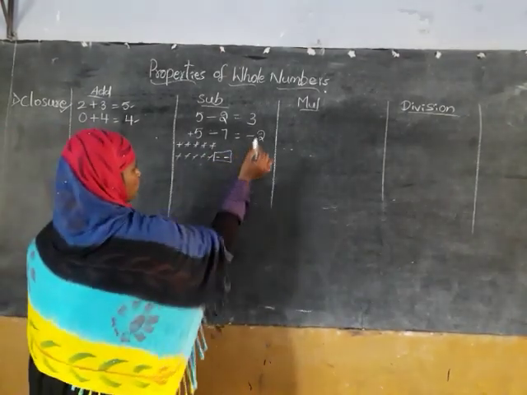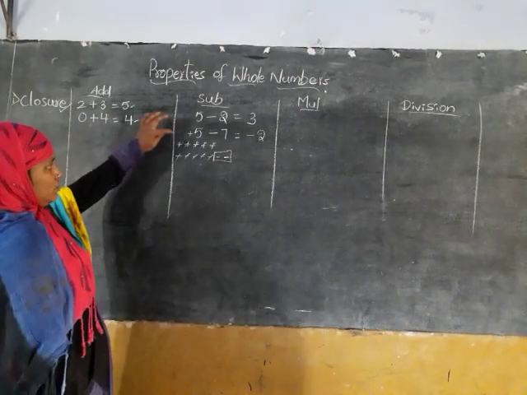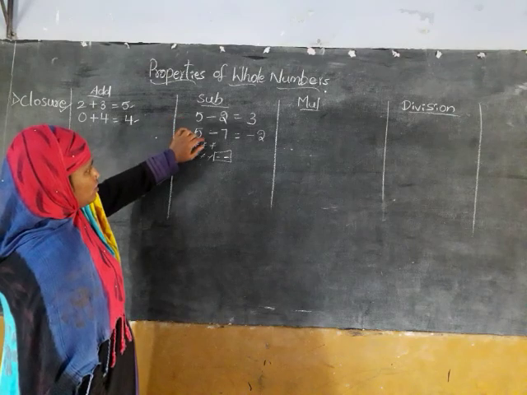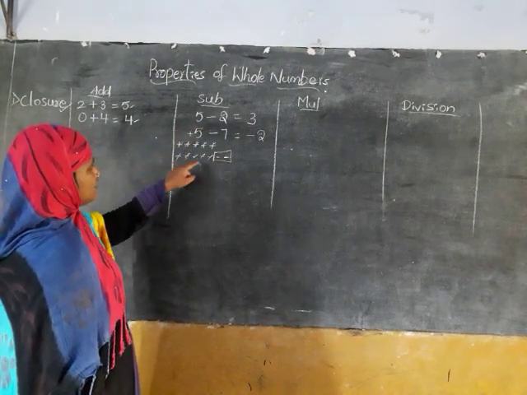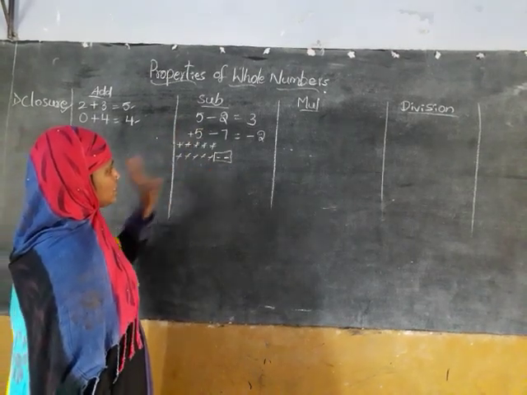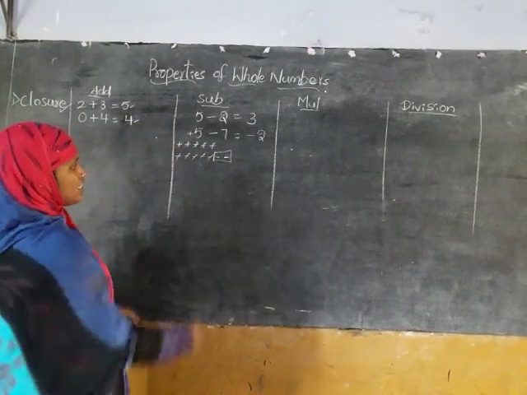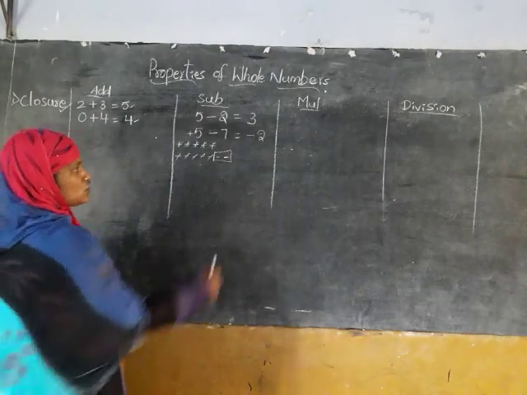That is minus 2. Plus 5 means 5 plus signs, minus 7 means 7 minus signs. The 5 plus and 5 minus are cancelled, still we have 2 minus. That should be placed here.